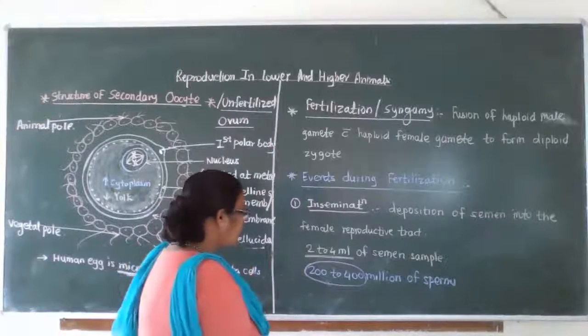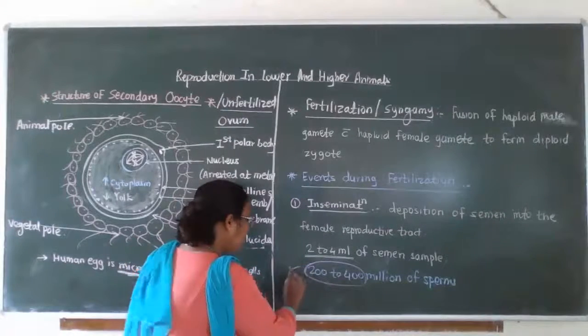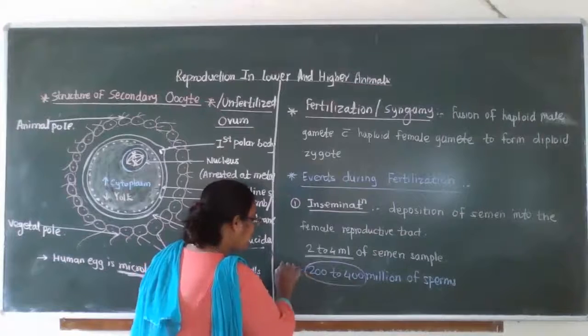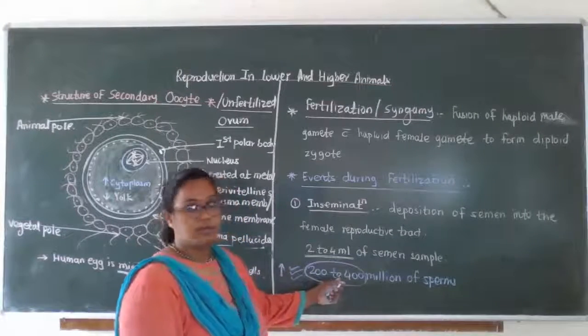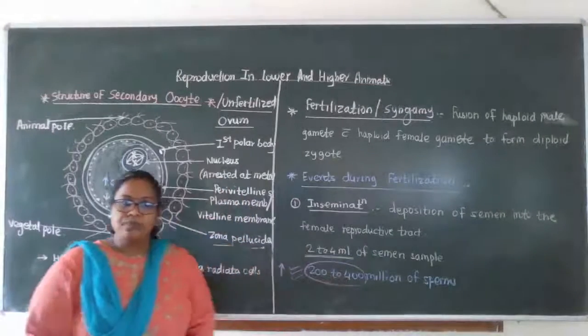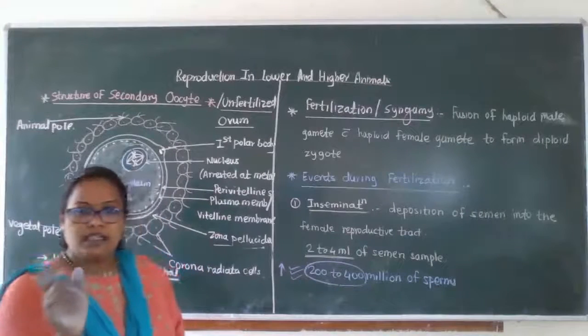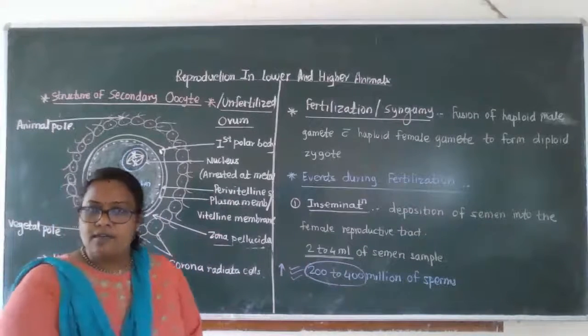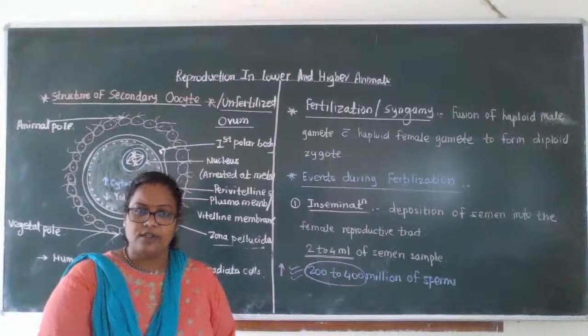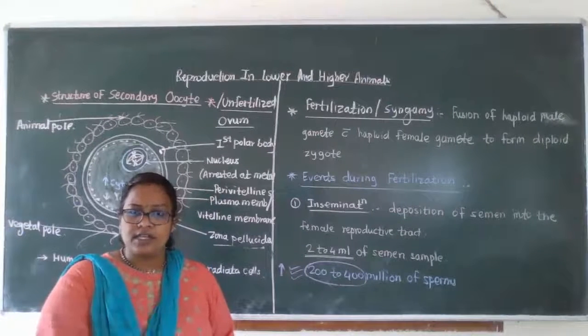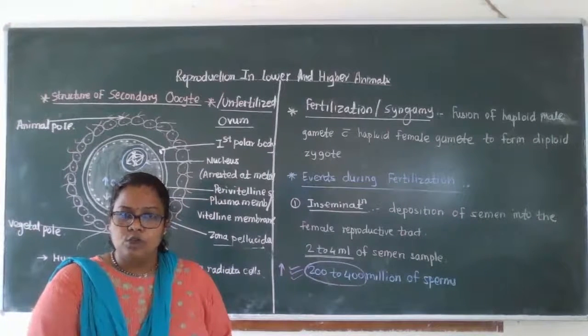How many sperms are released? A very large amount of sperms are released. As I have stated earlier, the secondary oocyte is the largest cell in the body of a human.